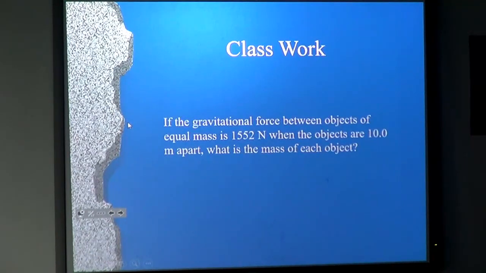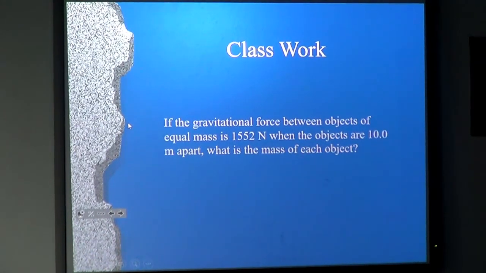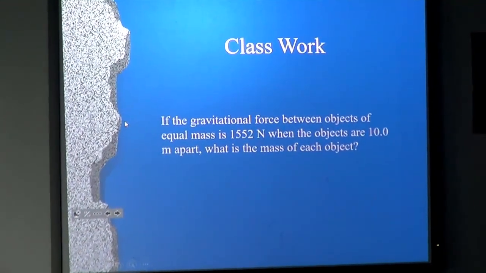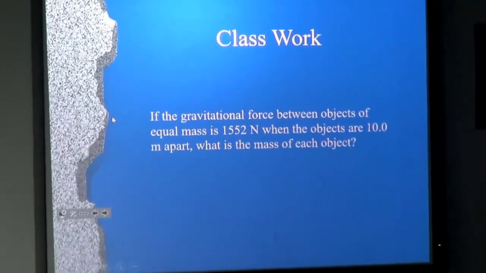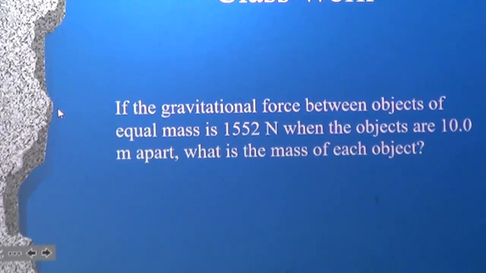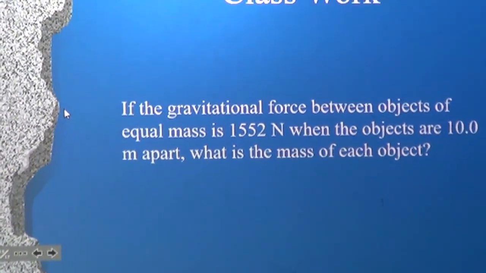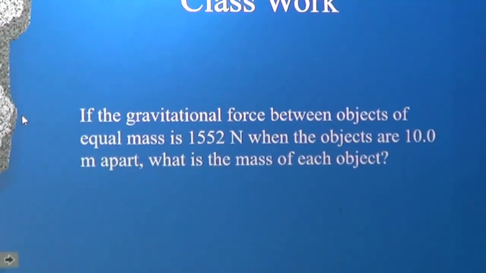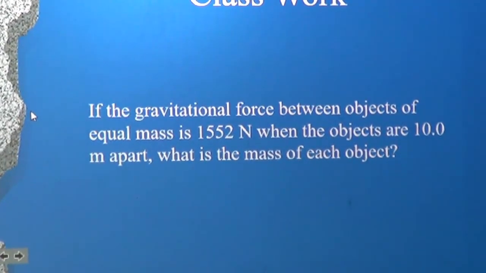Let me see. This is the other one. A gravitational force between objects of equal mass is 1552 newtons. When the objects are 10 meters apart, what is the mass of each object?